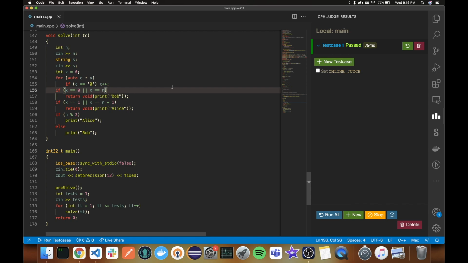Am I just guessing this at this point? If 0 or n, then Bob wins. If 1 or n minus 1, that is an instant win. Otherwise, neither of the players will want to touch two of them.